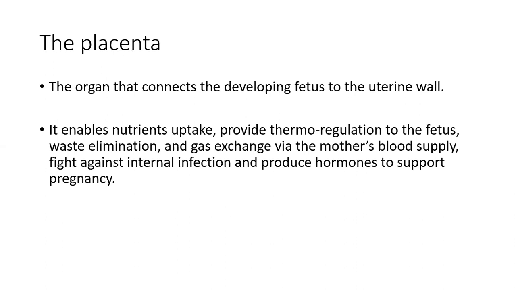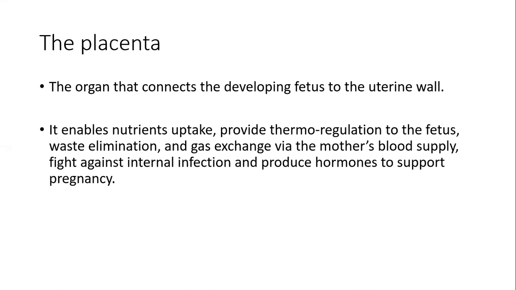So the components of the fetal circulation include the placenta. So what is this placenta all about? As far as placenta is concerned in this presentation, it is the organ that connects the developing fetus to the uterine wall.